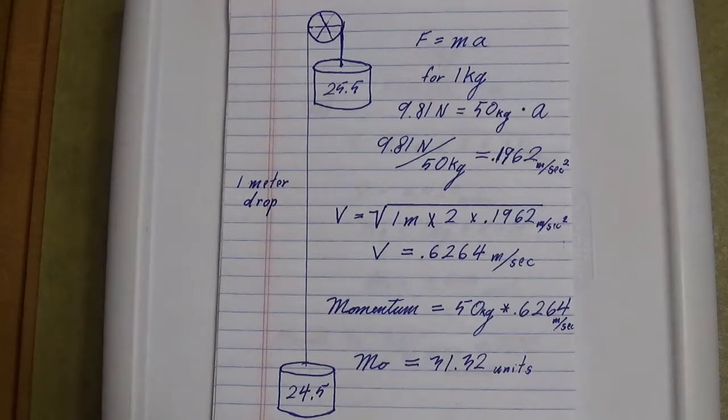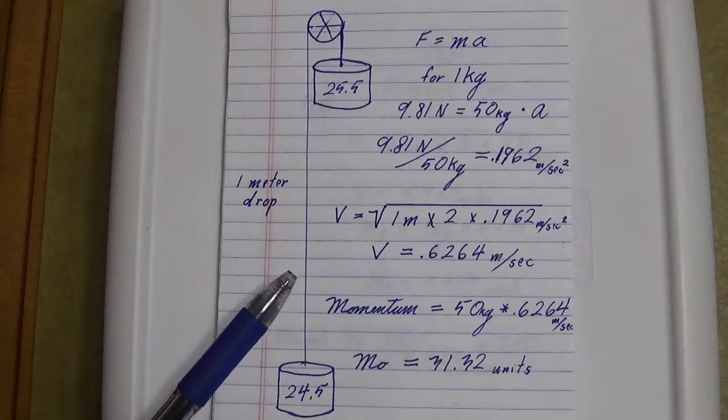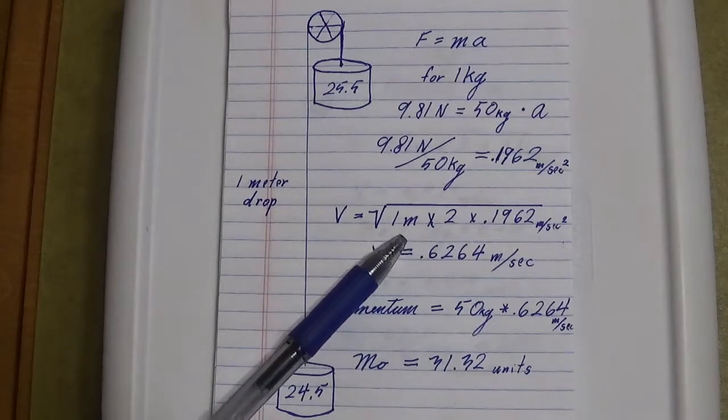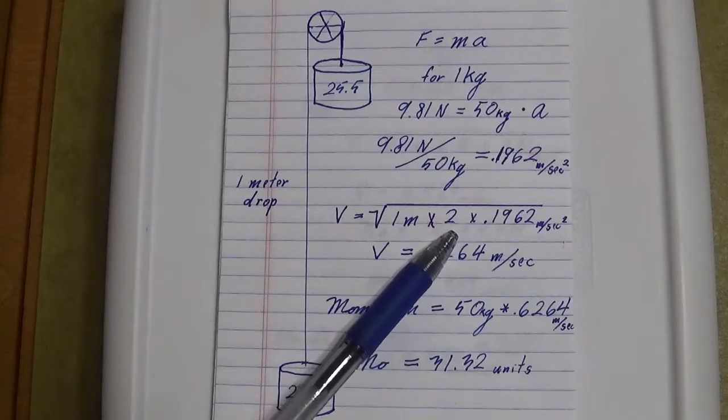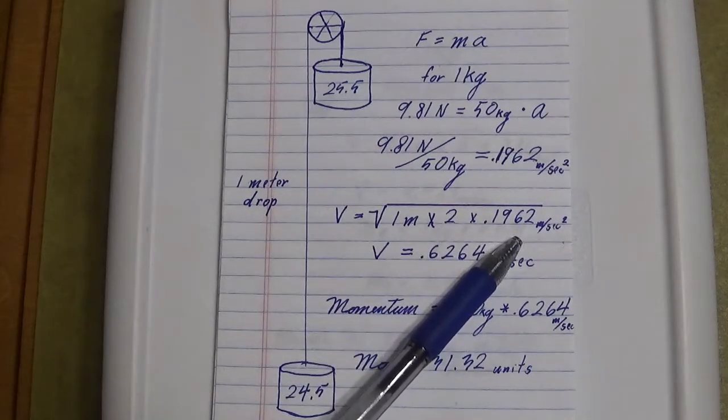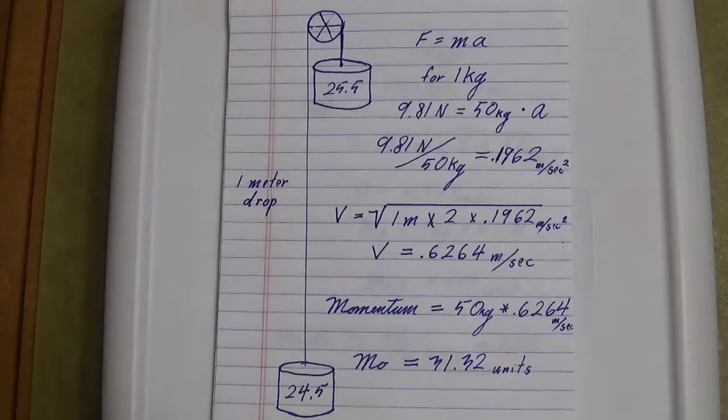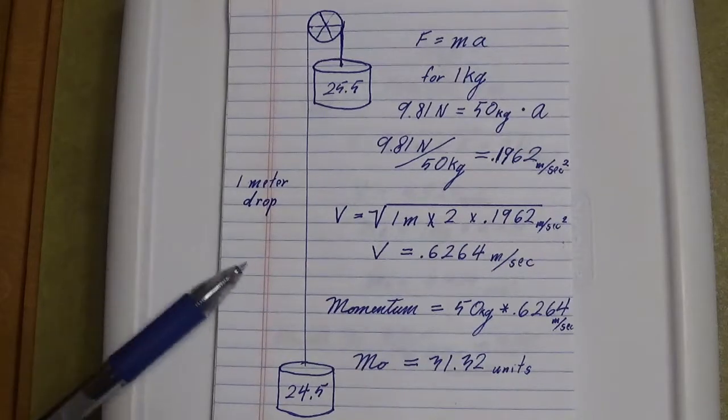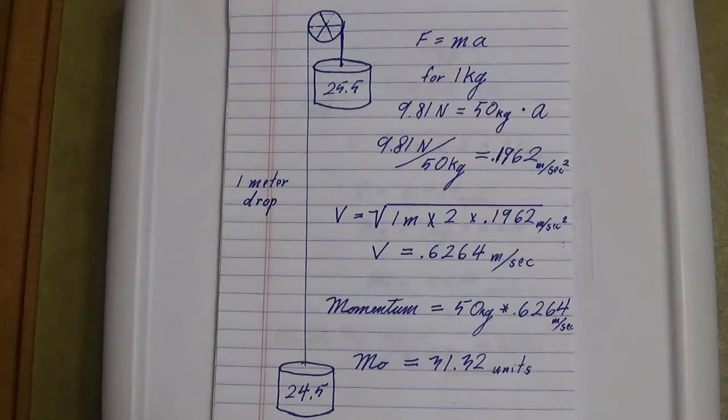When you put that acceleration into the velocity formula for an object that has dropped 1 meter, and the 2 is part of the velocity formula, plus the acceleration rate, you will have an answer for your formula of 0.6264 meters per second velocity as the more massive weight reaches the 1 meter drop.